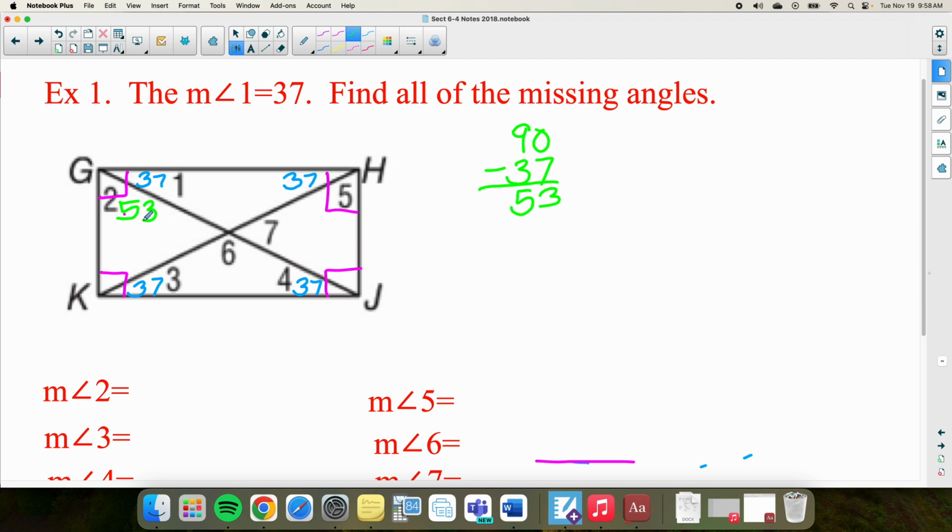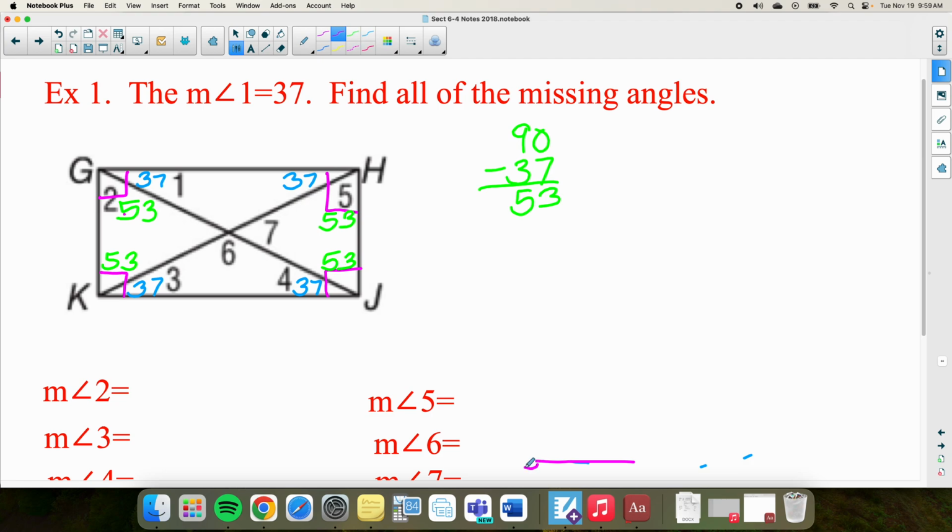Okay, so that is that one. So one of the things we learned today is that these that I'm putting in as 53s for the green are all equal. Okay, so notice my blue 37s, always those are going to be equal, and my green 53s, always those are going to be equal.